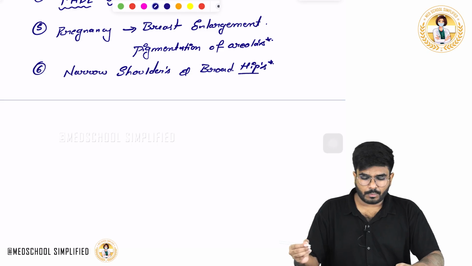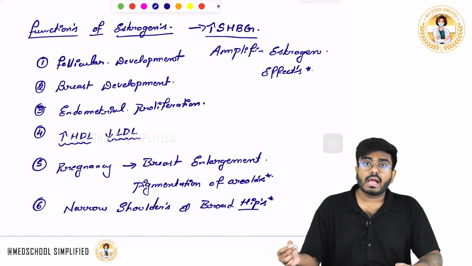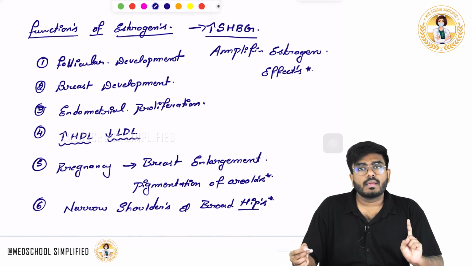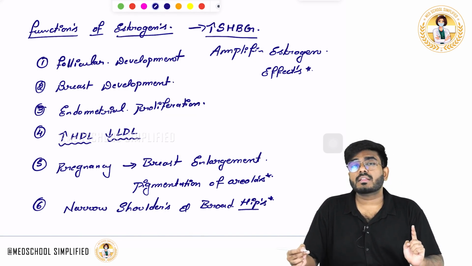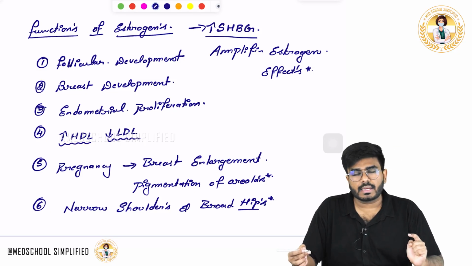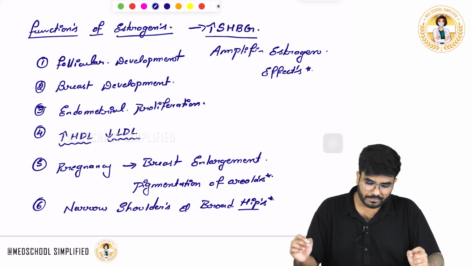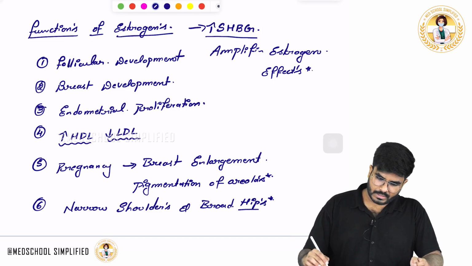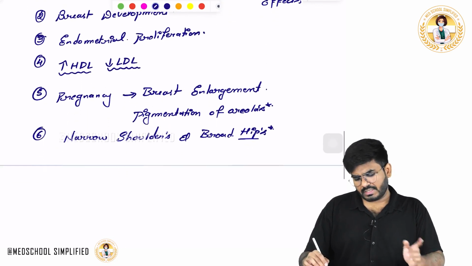So, these are some important effects because of the estrogens. And one more important point, remember, in females, axillary hair growth and pubic hair growth are under the control of androgens. The secondary sexual characters are because of the androgens, not because of the estrogens.